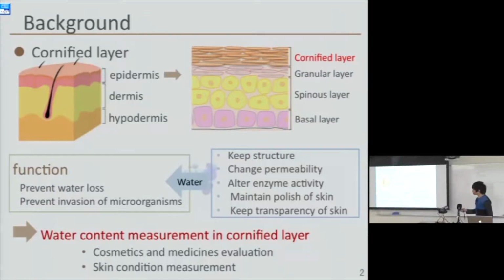For example, polish of skin or transparency of skin is important when making cosmetics, and the permeability of skin is also important in making medicines. And by measuring water content in the cornified layer, we can assess skin conditions, for example, atopic dermatitis or burn-damaged skin.